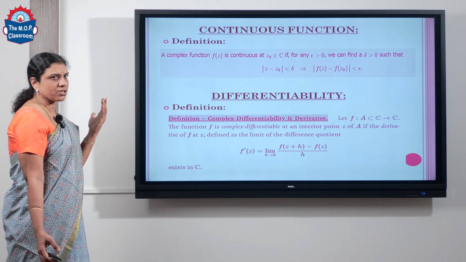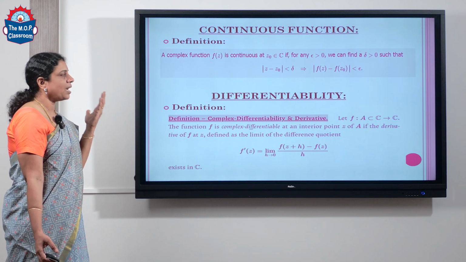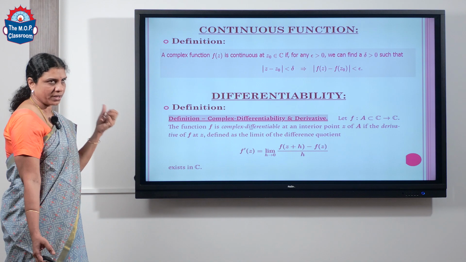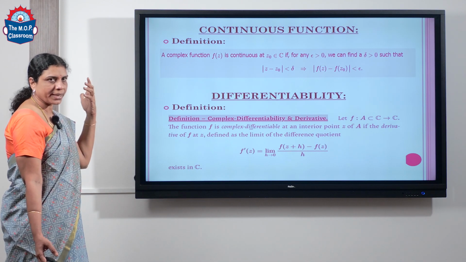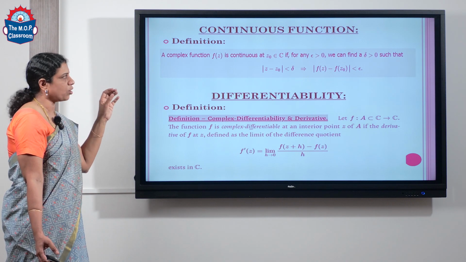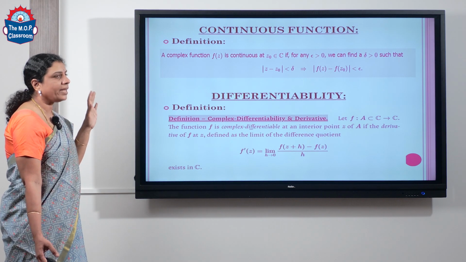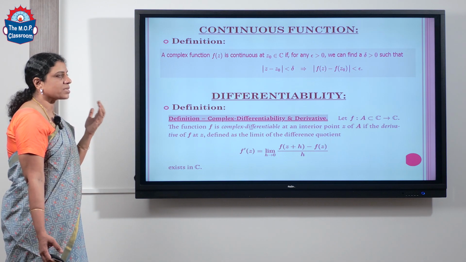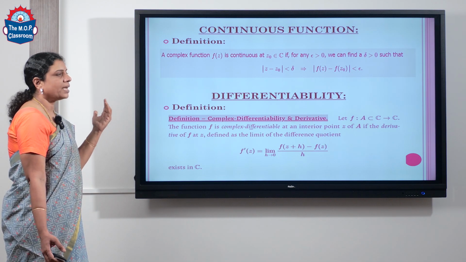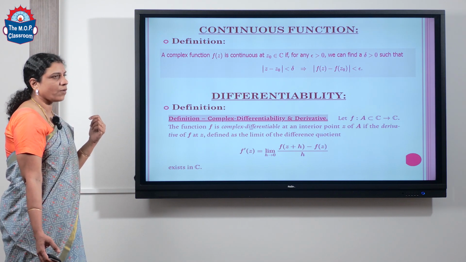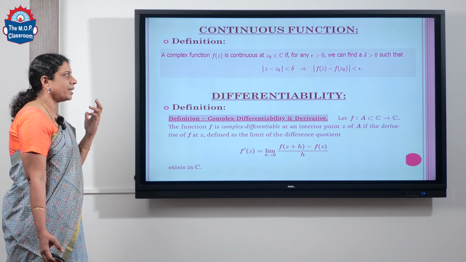A complex function f of z is continuous at z naught belonging to C. Since it is a complex valued function defined on the complex plane, z naught is a point belonging to C. Then for any epsilon greater than 0, we can find a delta greater than 0 such that modulus of z minus z naught less than delta implies modulus of f of z minus f of z naught less than epsilon.